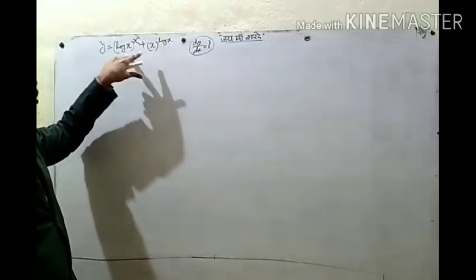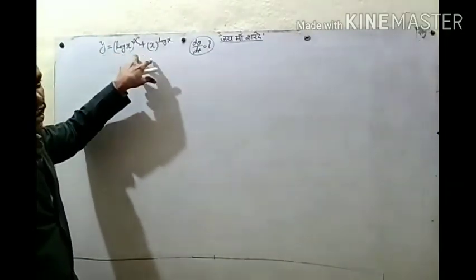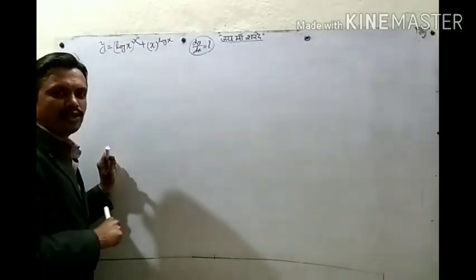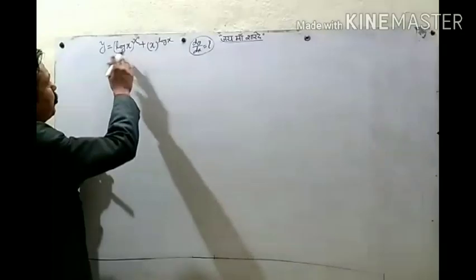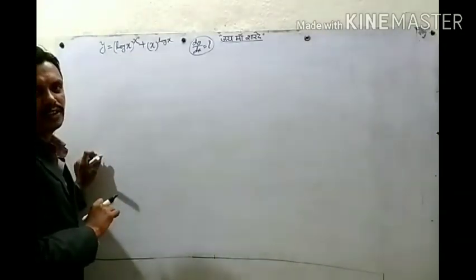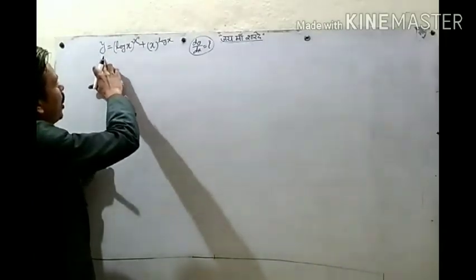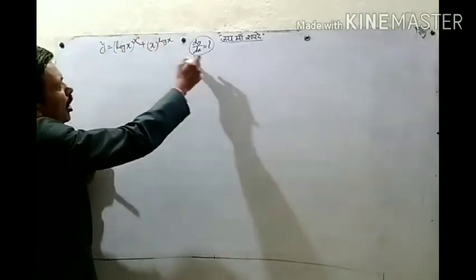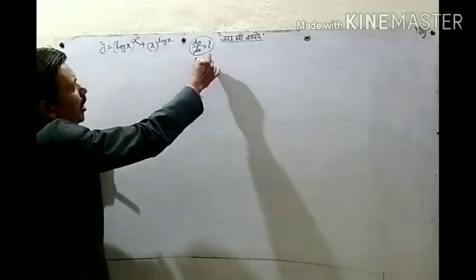So when y is in two terms and base and power are both in terms of x, then we cannot take log directly. If you take log, then we get log of y equal to log of m plus n.